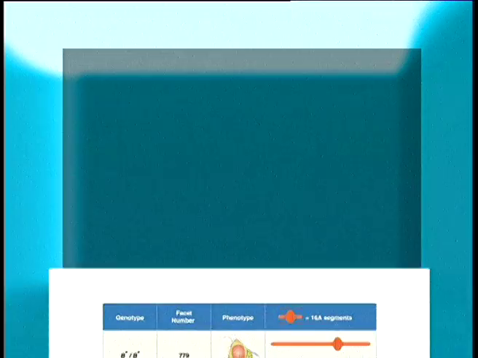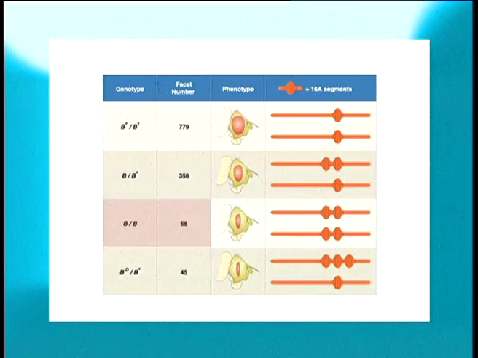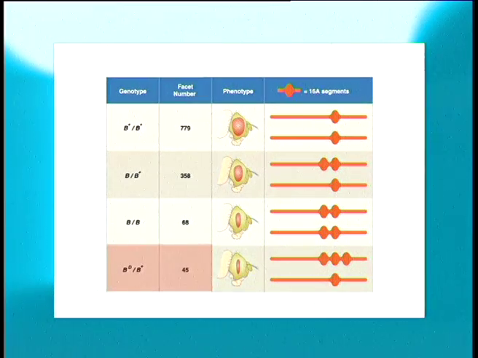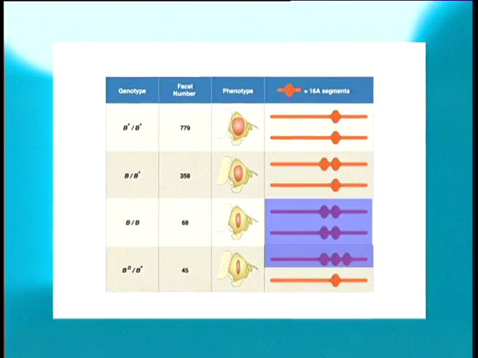In this case, it was also observed that when the eye facet phenotypes of BB and BDB plus flies are compared, an average of 68 and 45 facets are found respectively. In both cases, there are two extra 16A regions.